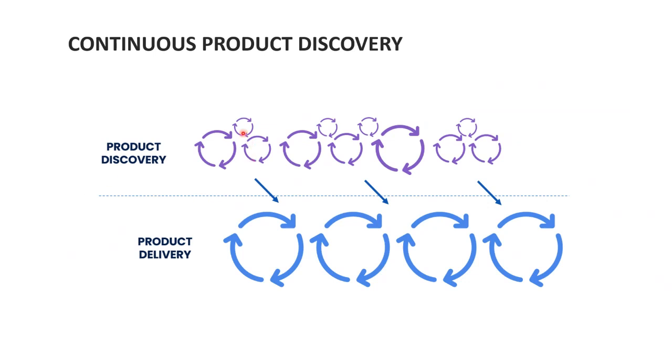So let's say every week or every 2 weeks, the team discovers, ideates ideas, interviews customers, identifies hypotheses and tests those hypotheses with the help of prototypes and experiments. And the same team works on continuously delivering value and getting feedback, ideally from customers using it.